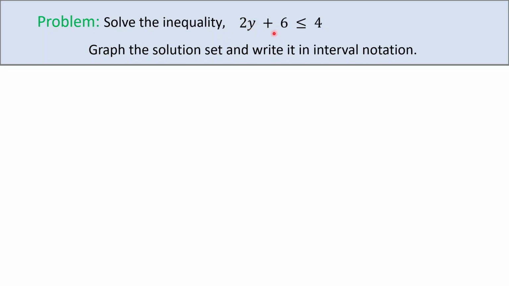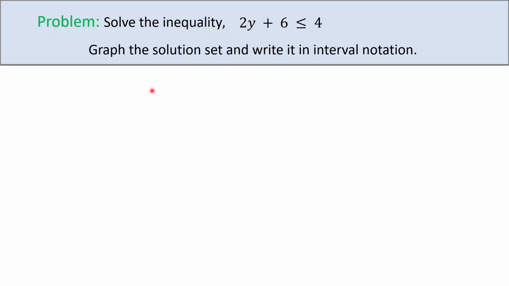In this inequality, the variable is on the left hand side, and here there are two terms, 2y and 6. So first you need to isolate this term by moving this to the right hand side. Moving this to the right hand side is the same as subtracting 6 on both sides. That means you will be using the subtraction property of inequality.